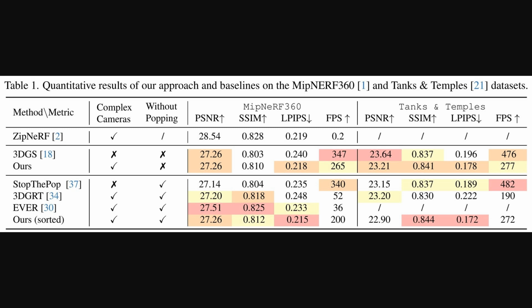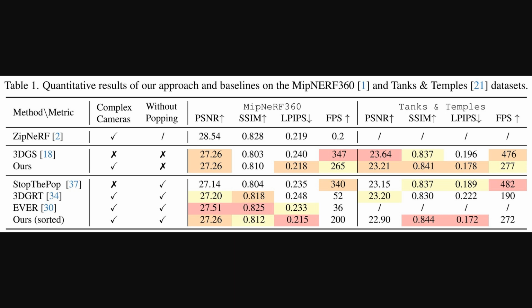Right, so Table 1 here gives us the hard numbers behind those visual comparisons on MipNeRF 360 and also the Tanks and Temples dataset. We're looking at standard quality metrics like PSNR and SSIM, where higher is better, LPIPS, where lower is better, and importantly, FPS, or frames per second for speed.